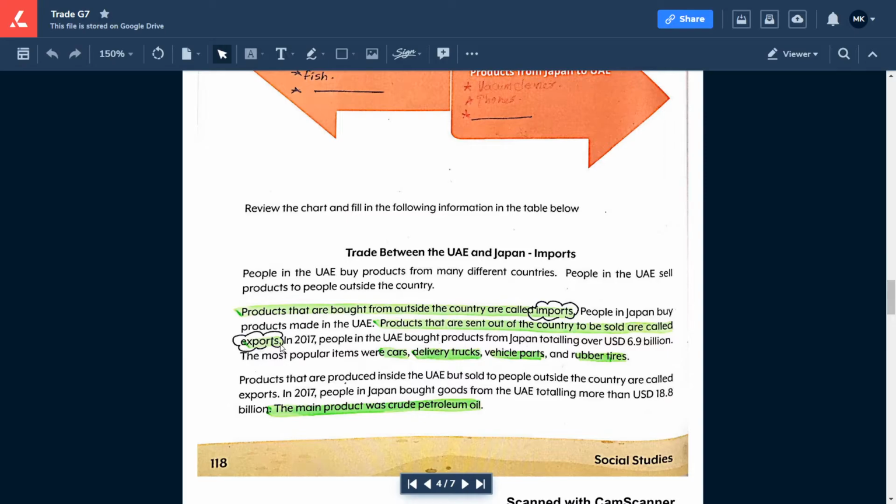In 2017, people in the UAE bought products from Japan totaling over 6.9 billion US dollars. The most popular items were cars, delivery trucks, vehicle parts, and rubber tires.